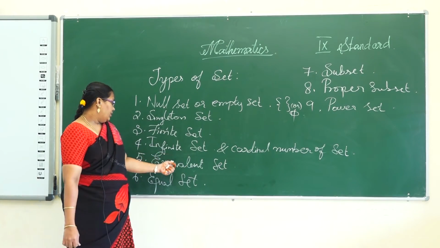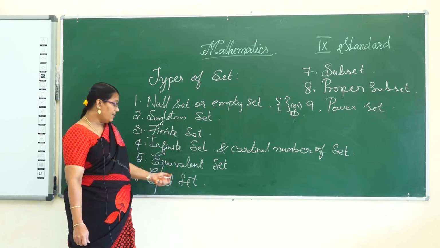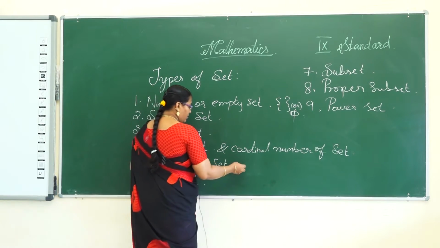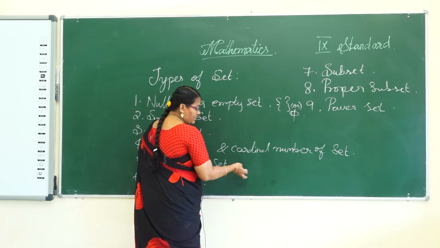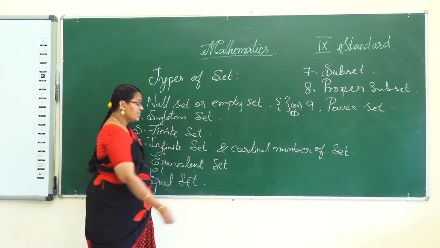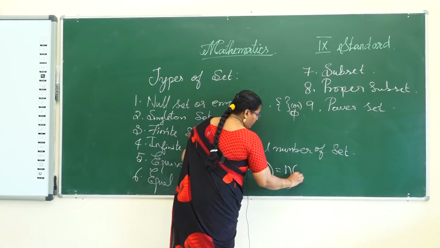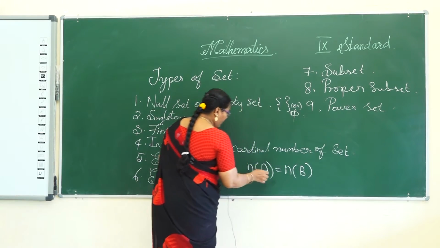And then equivalent set. Equivalent set means the number of elements of sets A and B are equal, n of A is equal to n of B. That is called the equivalent set.